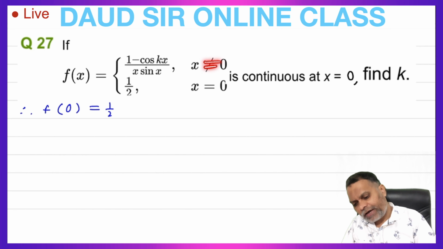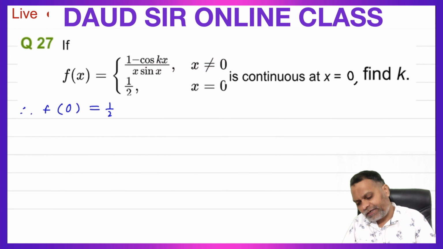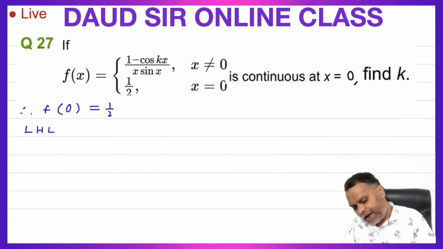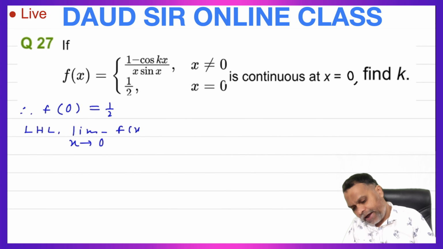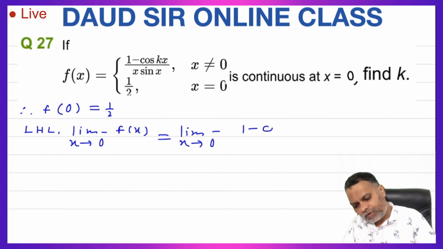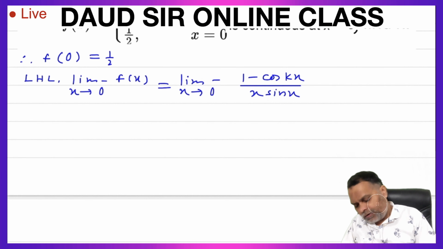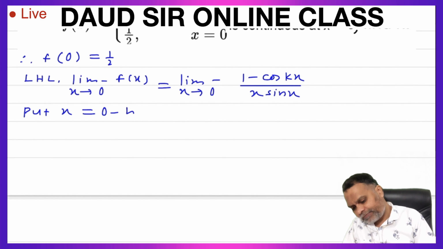For x not equal to 0, calculate left hand limit and right hand limit. First, left hand limit. Limit x tends to 0 minus f of x is equal to limit x tends to 0 minus 1 minus cos kx upon x into sine x. For left hand limit, put x is equal to 0 minus h.